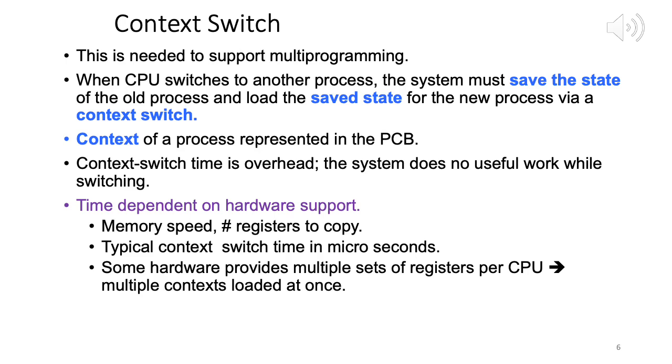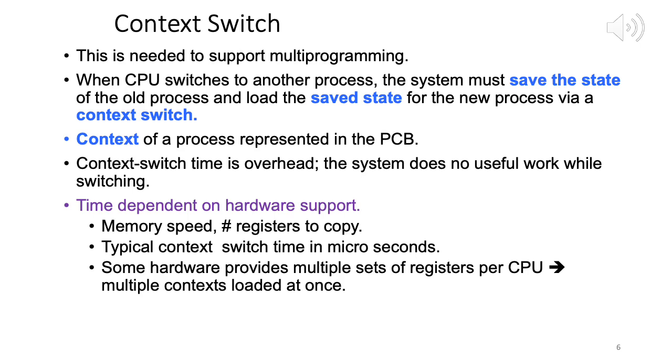So fast memory copying means context switch time will be low. Typical context switch time is within microseconds. Okay, so it's not too bad as long as you don't have too many of these. Some hardware provides multiple sets of registers per CPU, and so with multiple sets of registers you can load multiple contexts at the same time in parallel. So that can help things a bit.